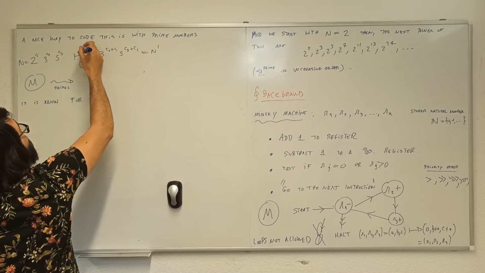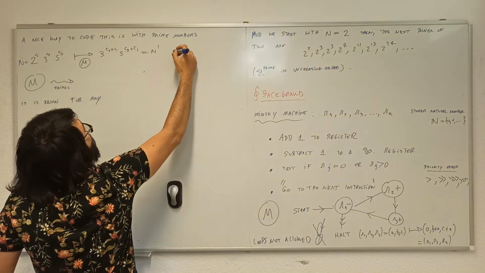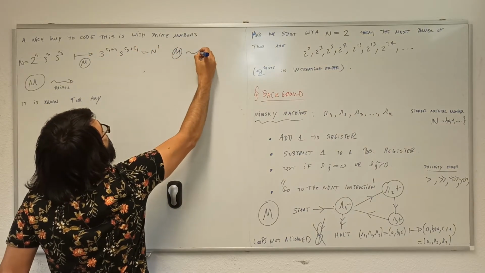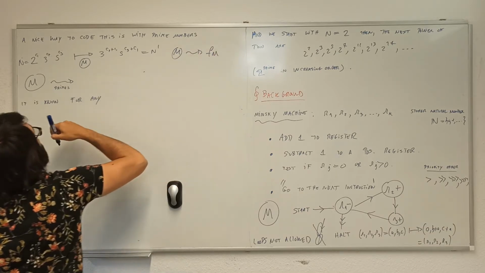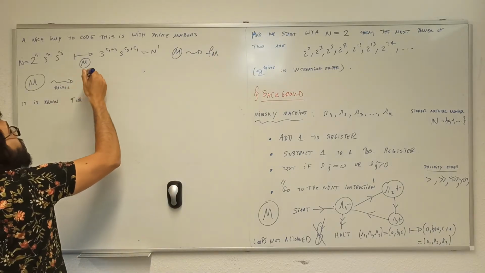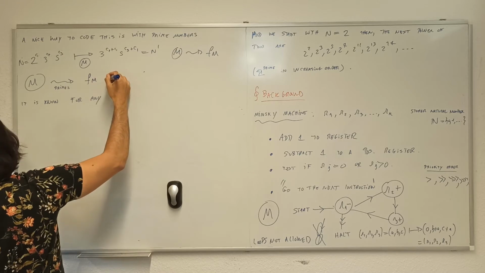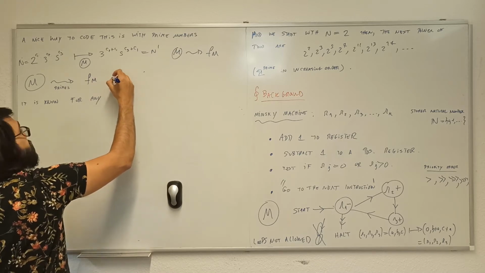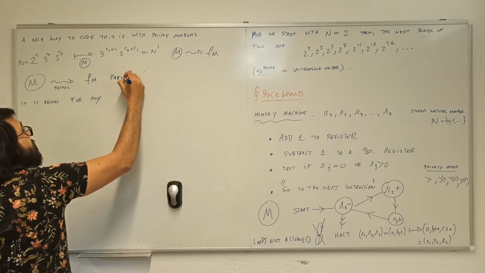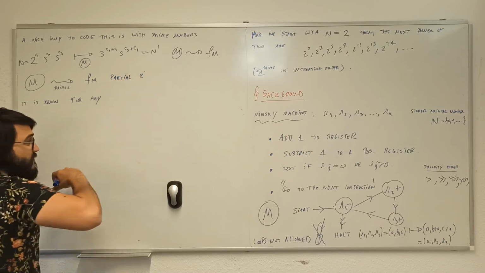Let me define this function here. Whenever you get a Minsky machine M, you can come up with a function f_M, using primes. The f_M will be what's called a partial recursive function, which I will define in a moment.